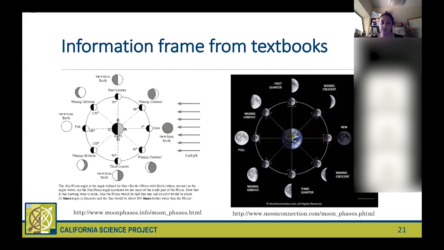So we want the students to both create their own knowledge, making visible what they have in their heads using the practices, but also to become critical consumers of information that they might find in textbooks or websites.